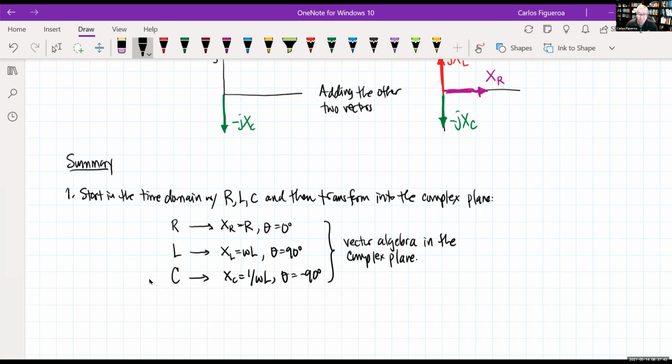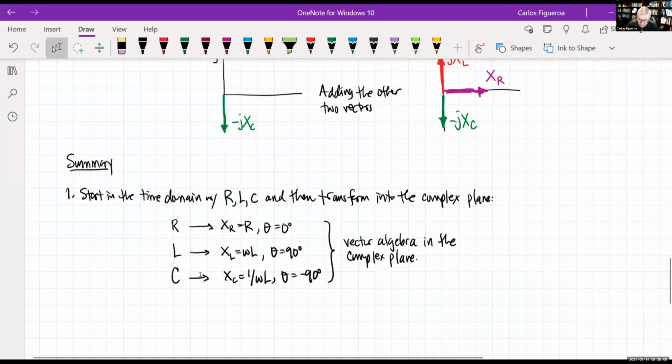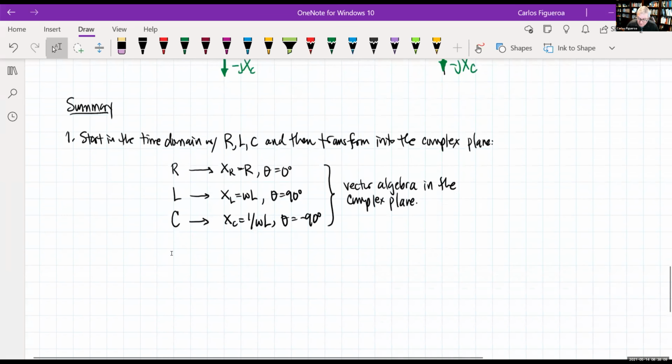That means if I have a capacitor, a resistor, and an inductor in series, I treat them as linear elements. They have units of resistance. That's linear. So we do the algebra, and once we do that, if we choose to, we then transform back into the time domain.